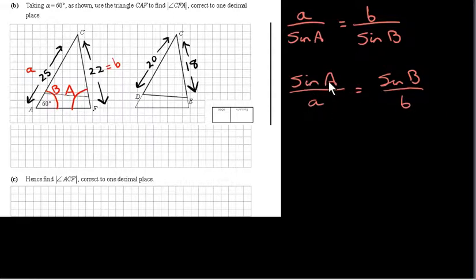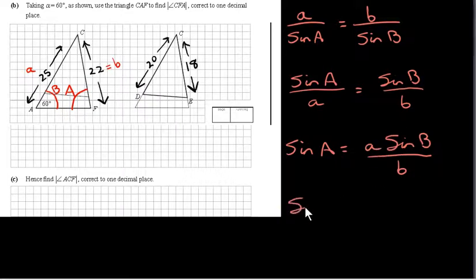Now we're interested in capital A, so we multiply both sides by little a. So we have sine A equals little a times sine B over little b. I multiplied the left hand side by little a to get rid of the a, so we're left with sine A, but I must multiply the right hand side by little a as well.